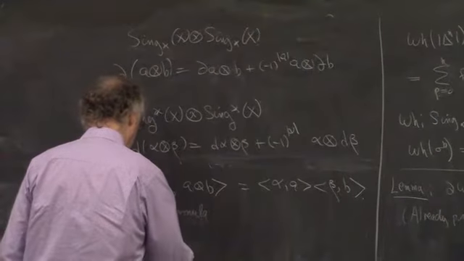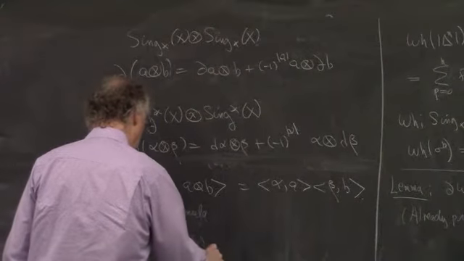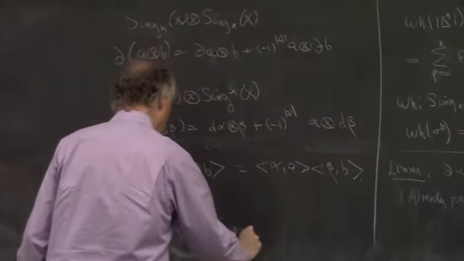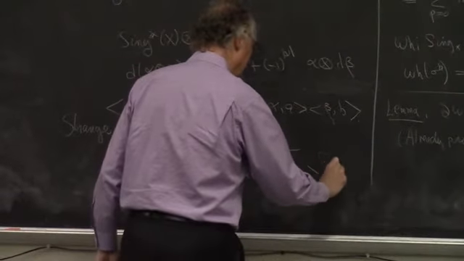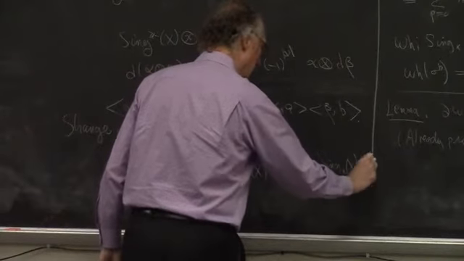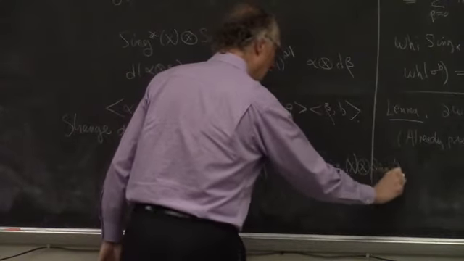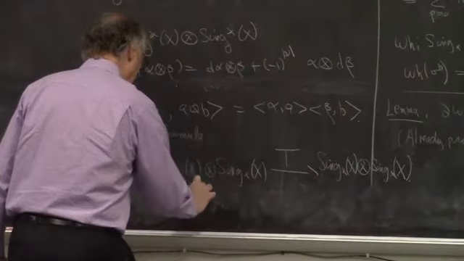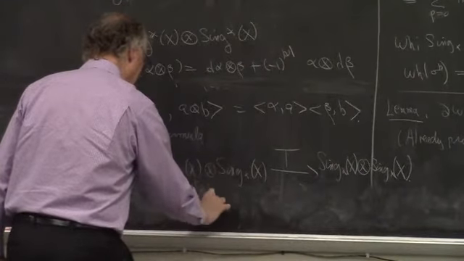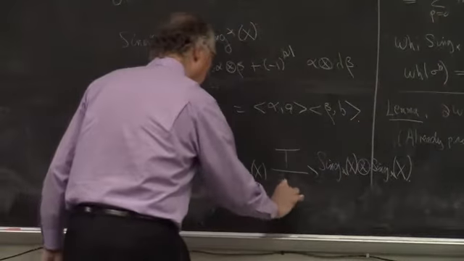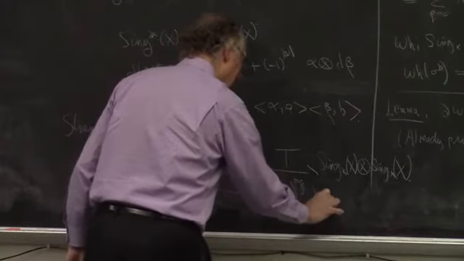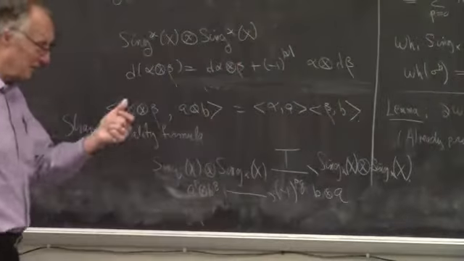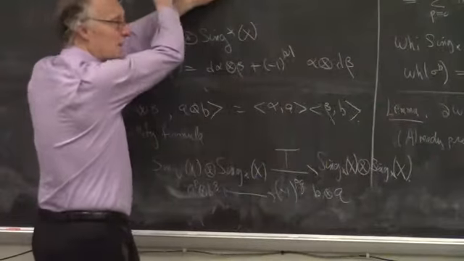Now on singular chains of x tensor singular chains of x, there's an involution T switching the factors. It sends A in degree P, tensor B in degree Q to (-1)^{PQ} B tensor A. It's a flip of the two factors here.